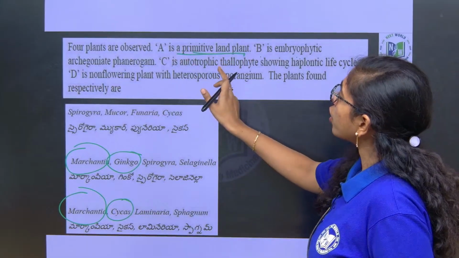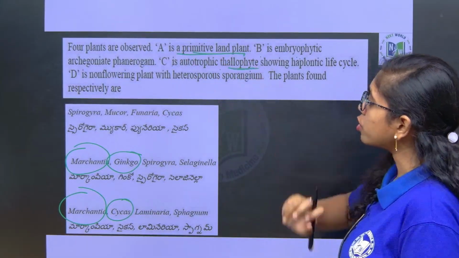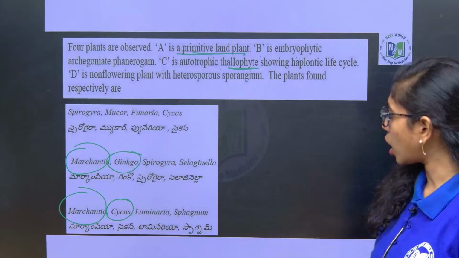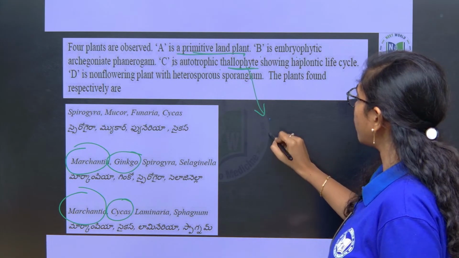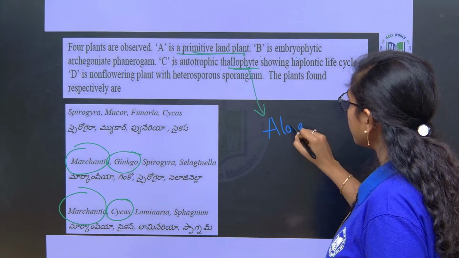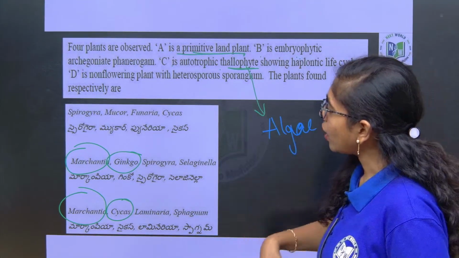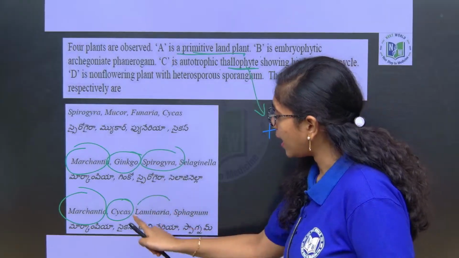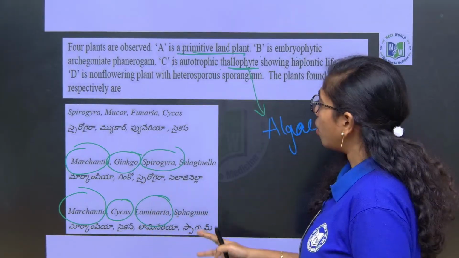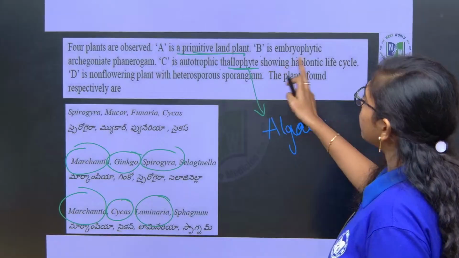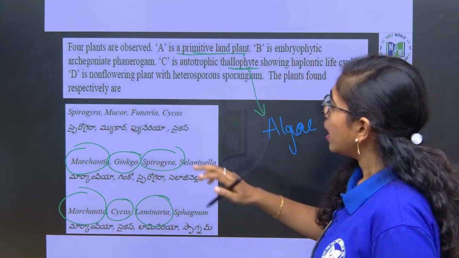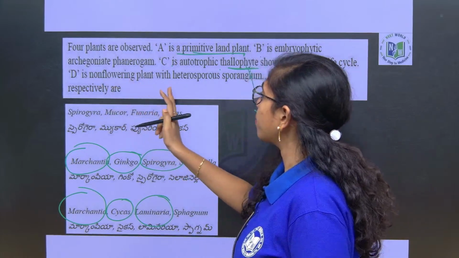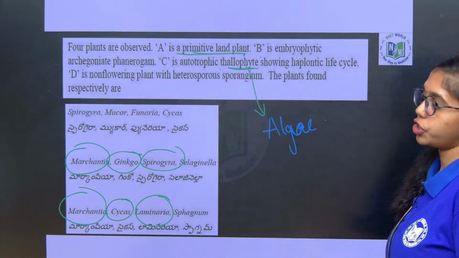C is autotrophic thallophyte. Autotrophic thallophyte means algae. So, here Spirogyra and Laminaria, both we can consider. Next, both are showing haplontic life cycle only. D is non-flowering plant with heterosporous sporangium.